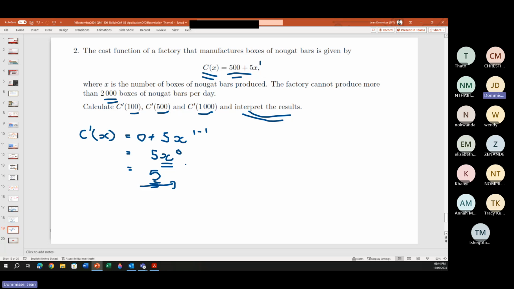So basically meaning go up until 2,000, produce, and your cost will only be increased by 5 Rand and nothing more. So it will cost you the same to make 100 or to make 2,000, it will just cost you 5 Rand more. So really go and make as much as you're allowed to, because your cost will only go up by 5 Rand.